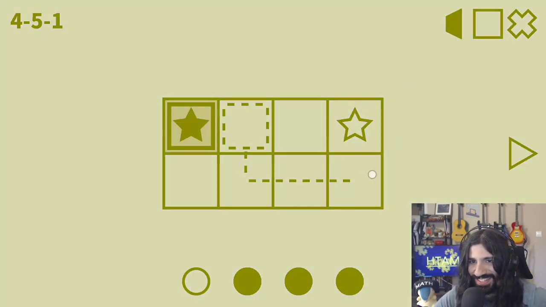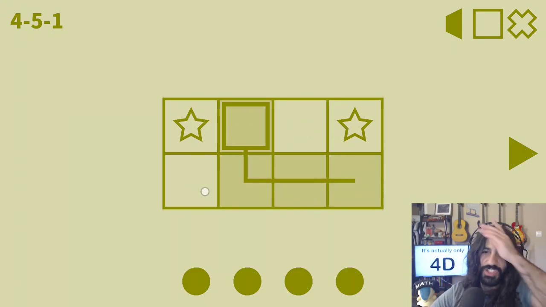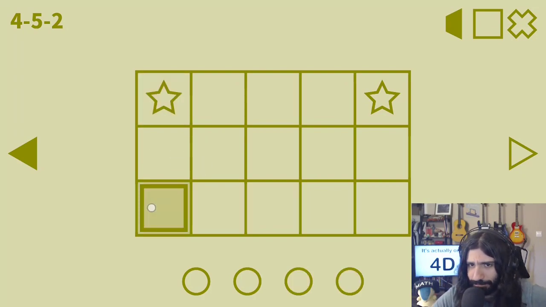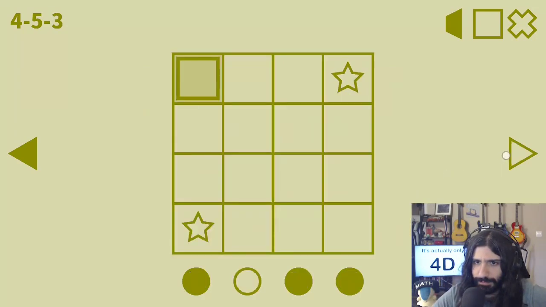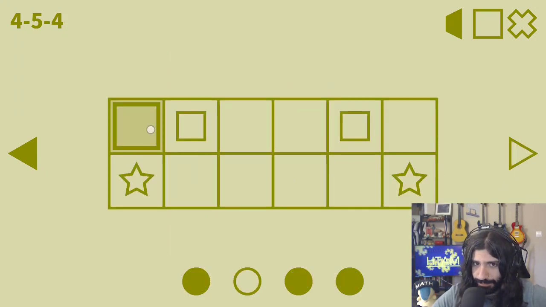Whatever. Okay, so I need to partition stars into 1x2 rectangles. Maybe. Okay, it worked. It worked again. Now there are squares.